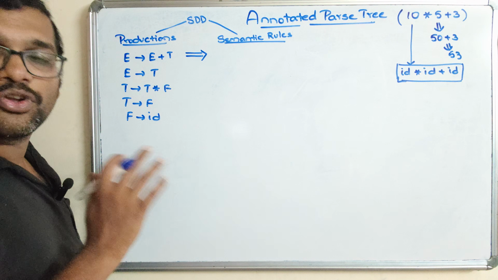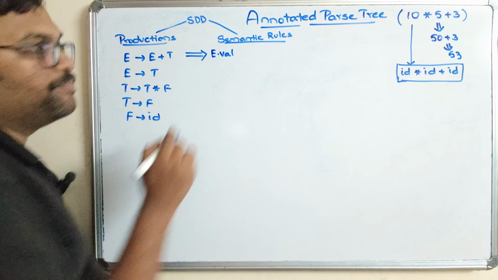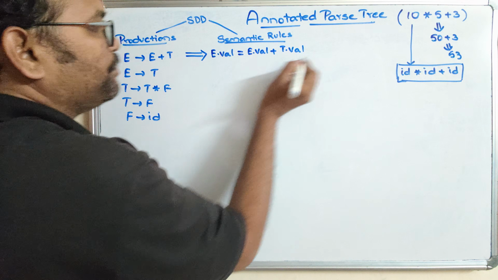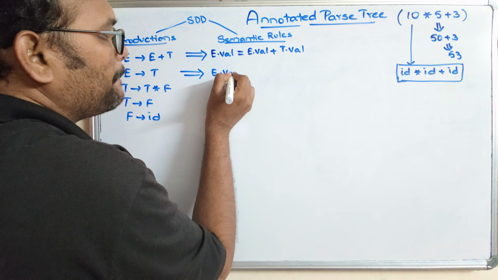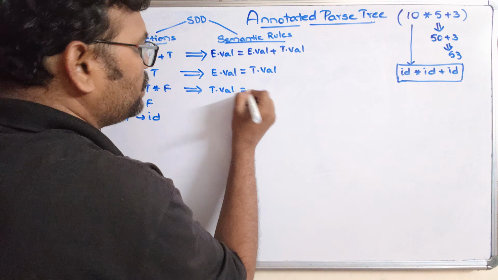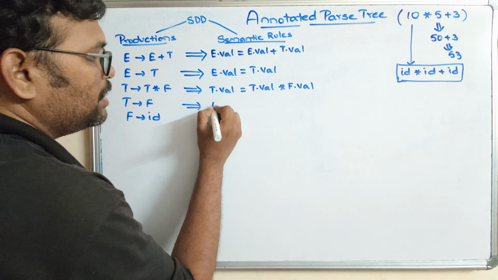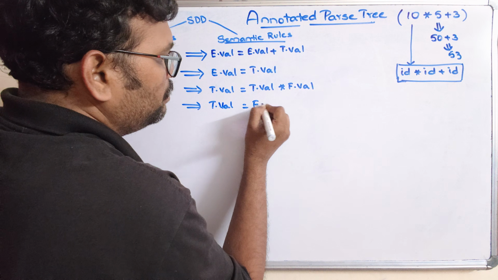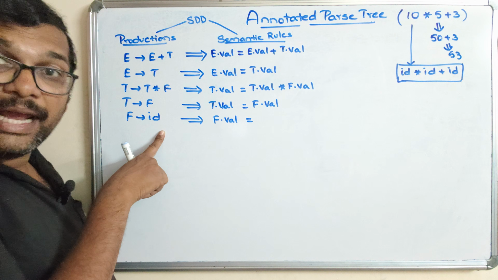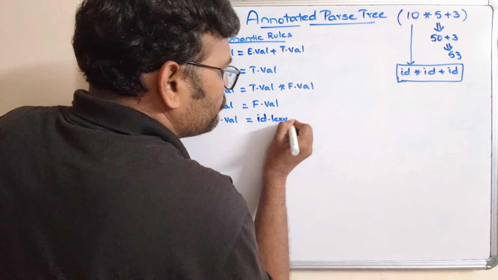We are not using any data types or memory. So the semantic rules use the attribute we represent with .val. E.val = E.val + T.val, and for E goes to T, E.val = T.val. For T goes to T * F, T.val = T.val * F.val, and for T goes to F, T.val = F.val. For the production F goes to id, this is an identifier, not a non-terminal, so F.val = id.lexval. Lexval means a direct value.